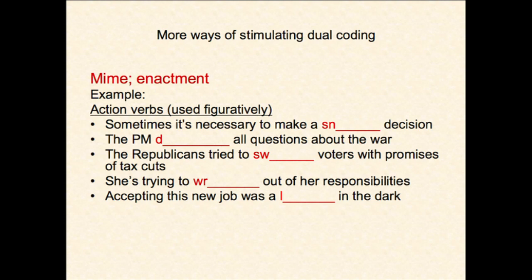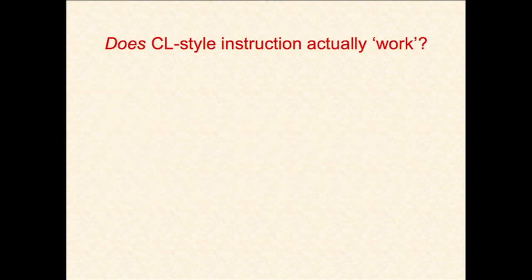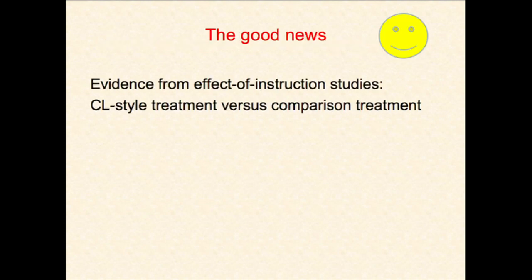The really important question, of course, is, should you believe me? Does this really work? There's some good news, because there's a series of effect of instruction studies in which cognitive linguistic style treatment was compared to other kinds of treatment.